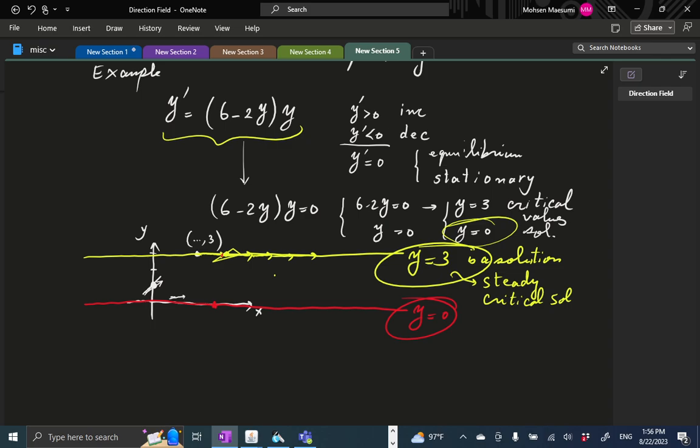As I go up, my slope gradually increases, then increases again. At some point, in this case at the midpoint, slope reaches the maximum it can be, and after that, as I approach the line 3, my slope starts to decrease again. Why is that?